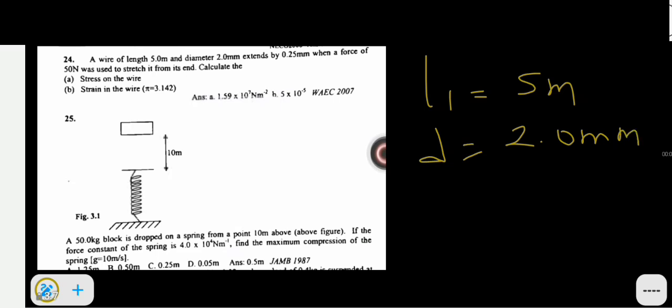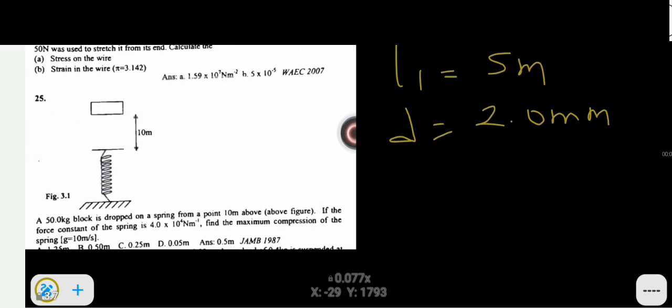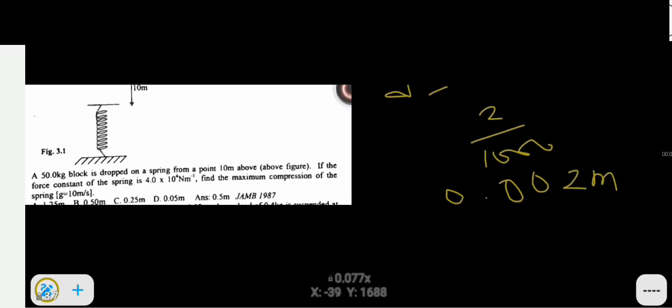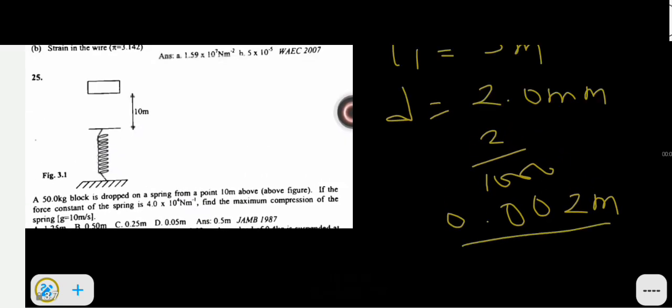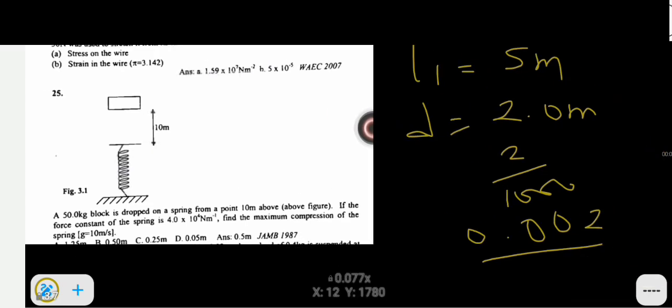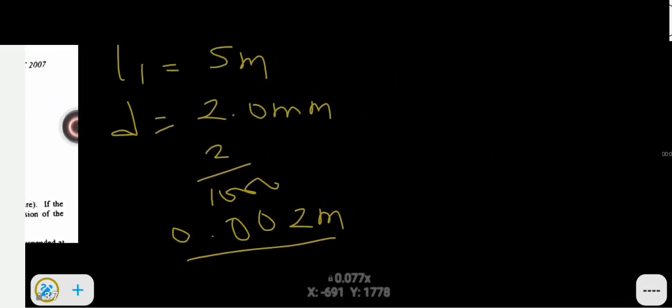So let's convert this to meters first. We divide 2 by 1000, so you're going to get 0.002 meters. This is the diameter of the wire. Then another thing to note on the question is that the force is 50 Newton and the extension is 0.25 millimeters.